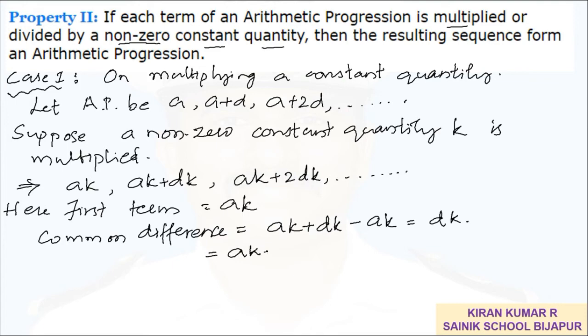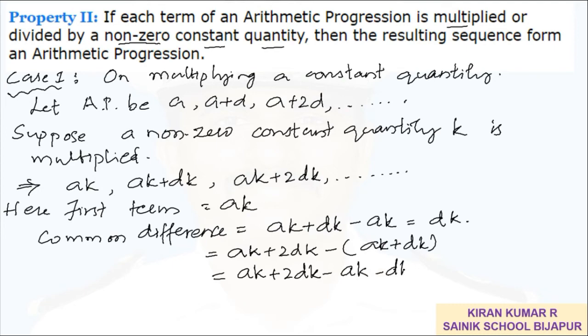Third term is ak plus 2dk minus the second term ak plus dk. On simplification, we get ak plus 2dk minus ak minus dk. The ak gets cancelled. 2dk minus dk will be dk.